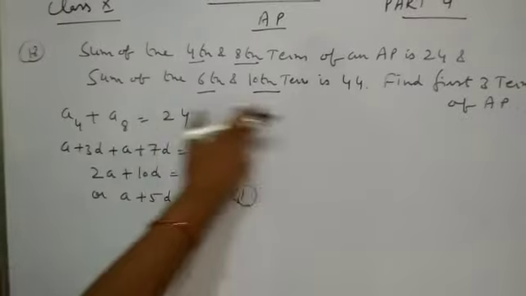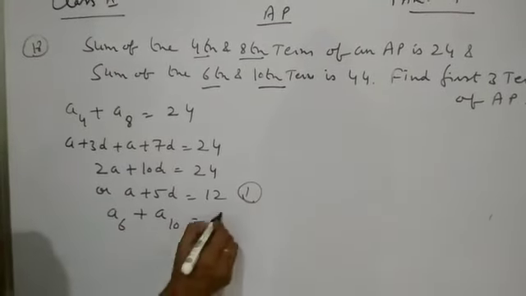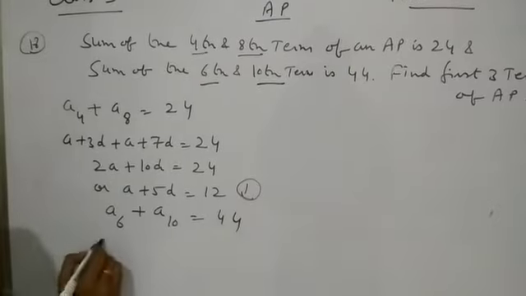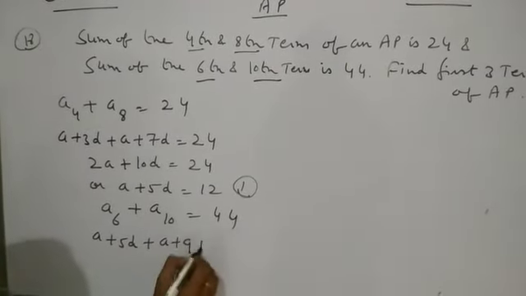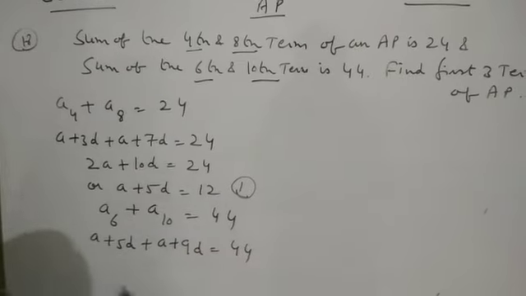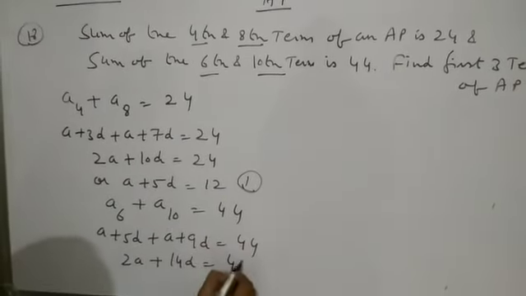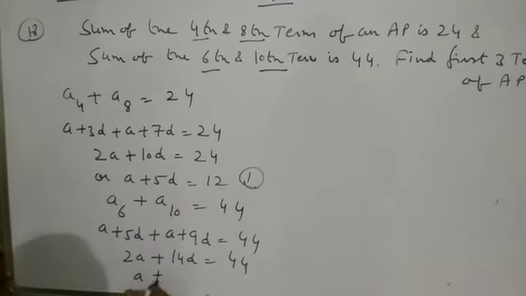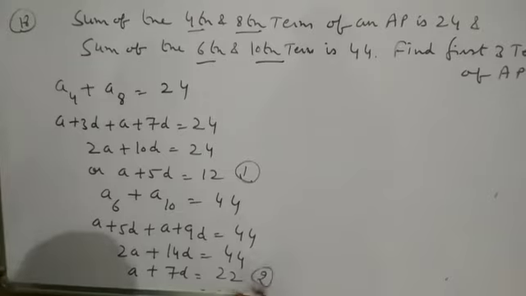Similarly, we will make the second equation. a6 plus a10 is 44. a plus 5d plus a plus 9d is 44. 2a plus 14d is 44, or a plus 7d is 22.